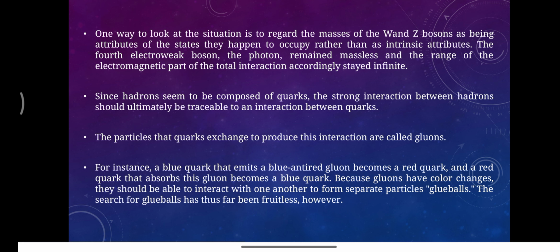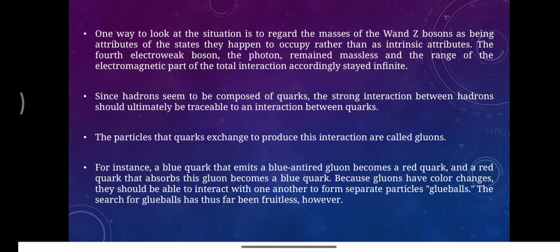One way to look at the situation is to regard the mass of the W and Z bosons as attributes of the state they happen to occupy rather than intrinsic attributes. The fourth electroweak boson, the photon, remained massless, and the range of the electromagnetic part of the total interaction accordingly stayed infinite.